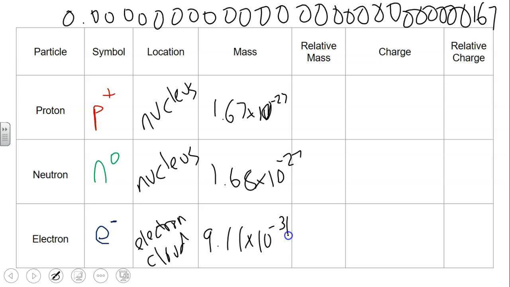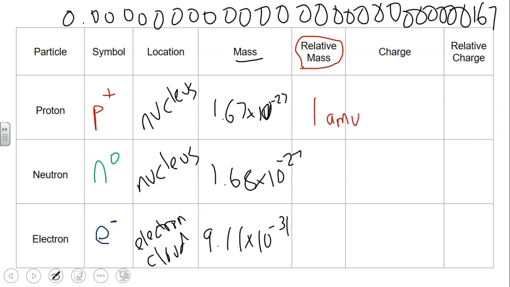So these masses don't make a lot of sense, okay? We can't do much with them. What scientists said was, let's make what we call a relative mass, where we compare the mass of the proton and neutron and electron to each other, and that makes this much easier to understand. So what scientists did is say we have a mass of a proton, and we're going to set it to 1, and we're going to call that 1 AMU.